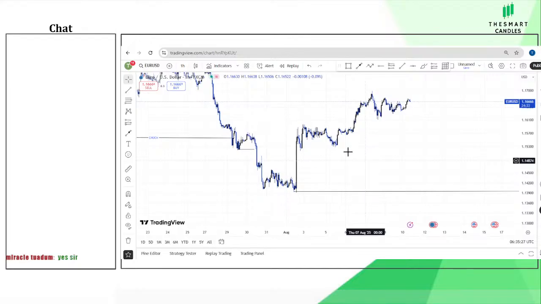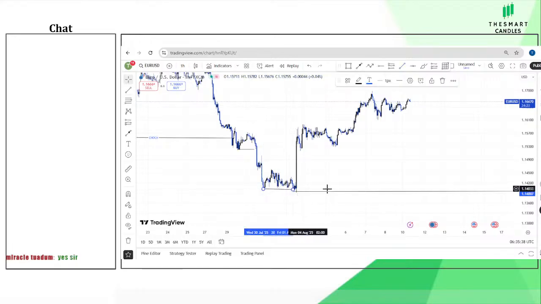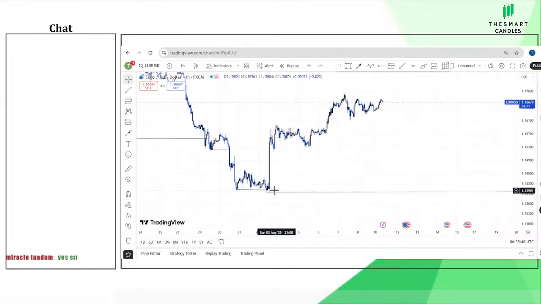All right. So looking at the current price action on the EU, there was a sweep of liquidity here. This candle. So we had a change of character at this point.